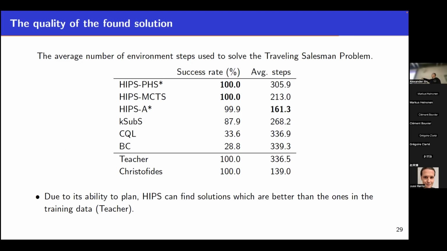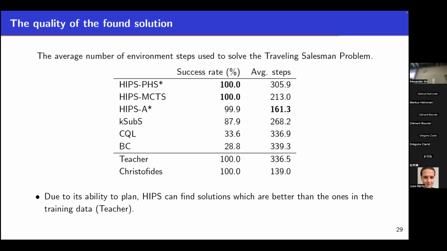On this slide, we wanted to show that you can use our method to find better solutions compared to the solutions that you see in the expert trajectories. For example, in the traveling salesman problem, we assume that we want to minimize the number of steps needed to visit all the cities.